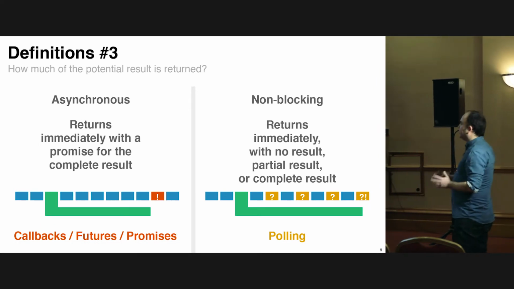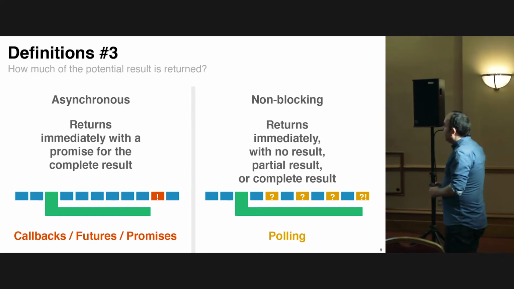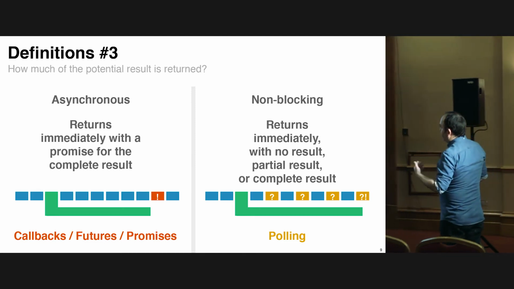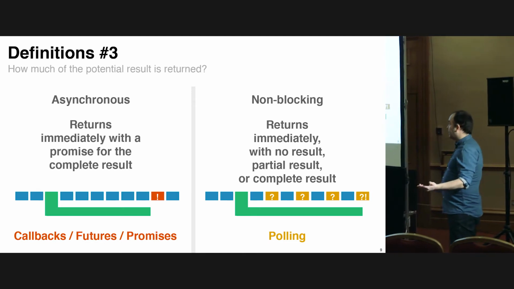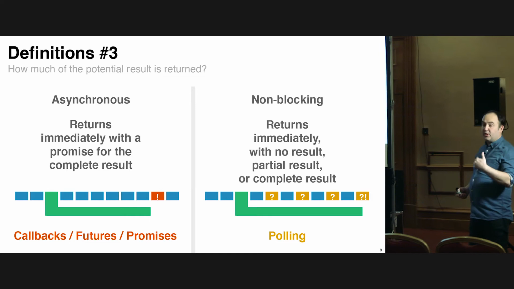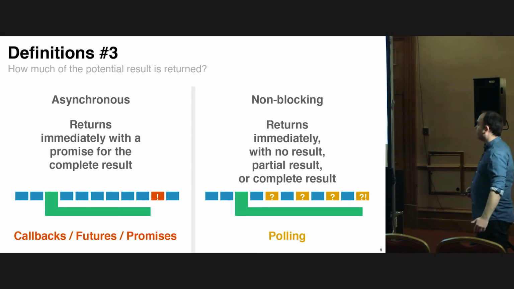There are some refinements to asynchronous behavior. We can deal with callbacks or futures or promises, where essentially we start to make an asynchronous task, and from the point of view of the calling thread of execution, it returns immediately with the promise of some later result. And we know we're going to get that result eventually, we just have to wait around for it.